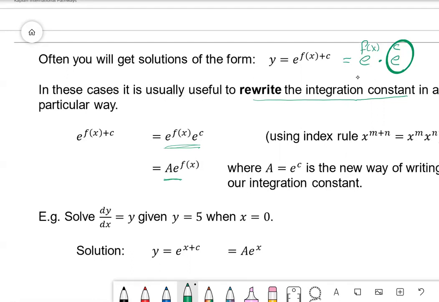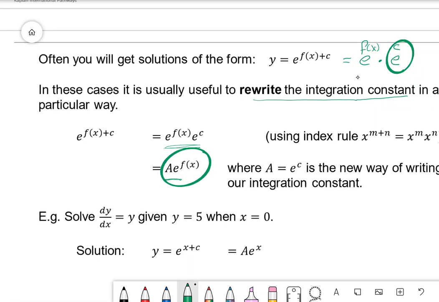Yeah, so this is just a note for you: if you solve any question and you reach this stage, where in your solution you have e to the power f of x plus c, you need to change it to this format, and you write your final answer as a e to the power f of x. Right, there is an example here. dy over dx equals y, given y equals 5 when x equals 0.